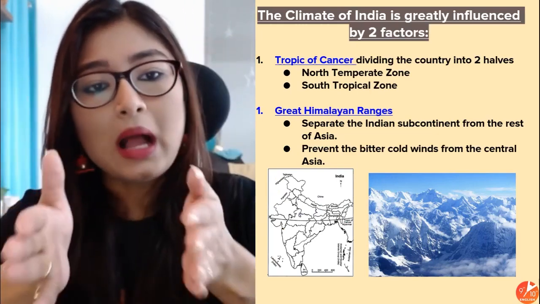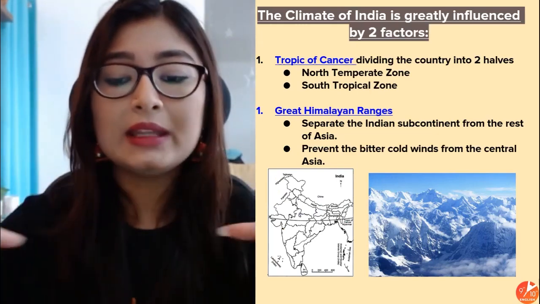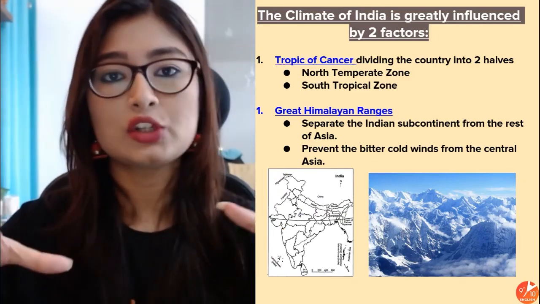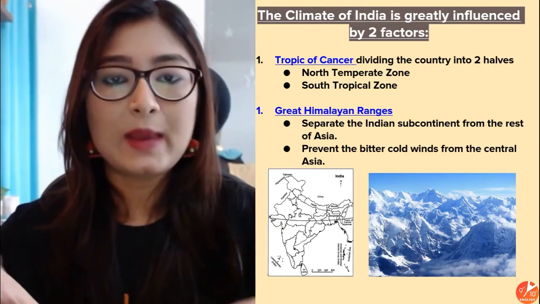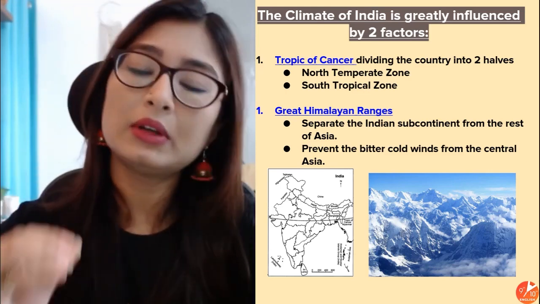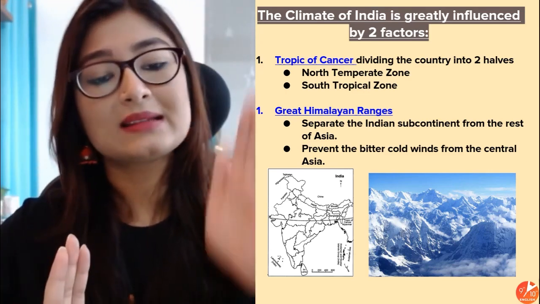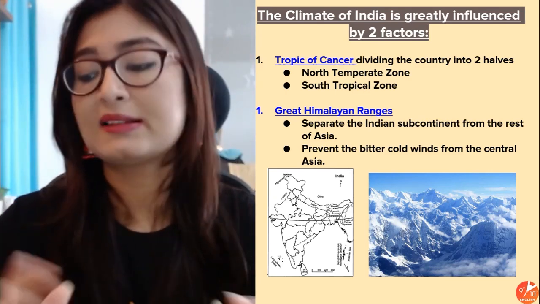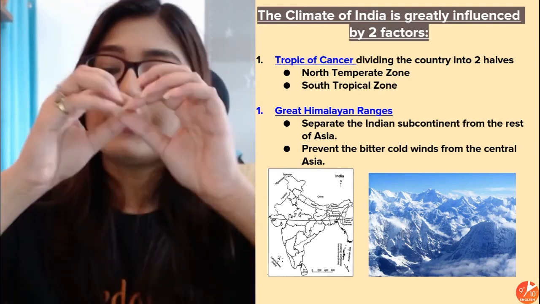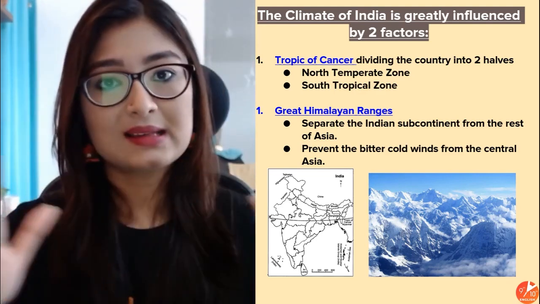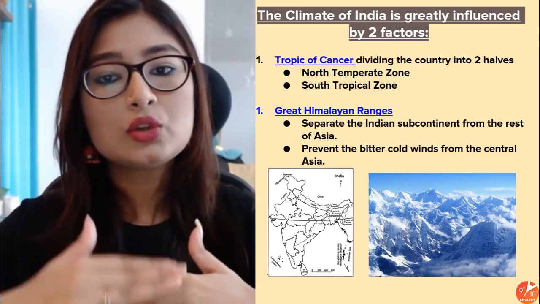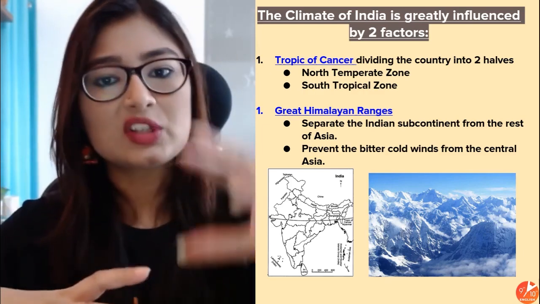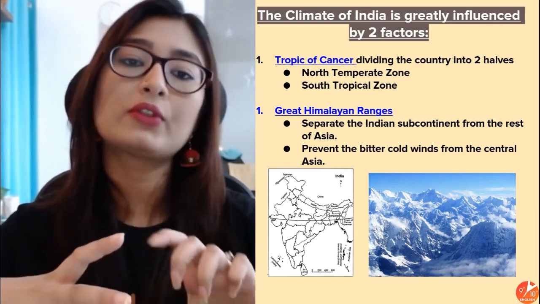Now if you talk about the relief of the nation of India, there are two factors which affect its climate the most. That is the Tropic of Cancer and the Great Himalayas. You might already be aware that the Tropic of Cancer is the latitude that passes through India, and it divides the country into two almost equal halves, the North Temperate Zone and the South Tropical Zone.